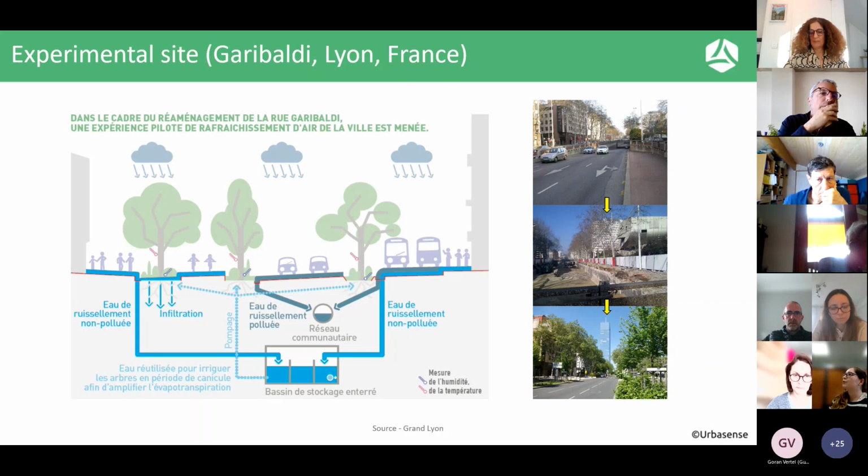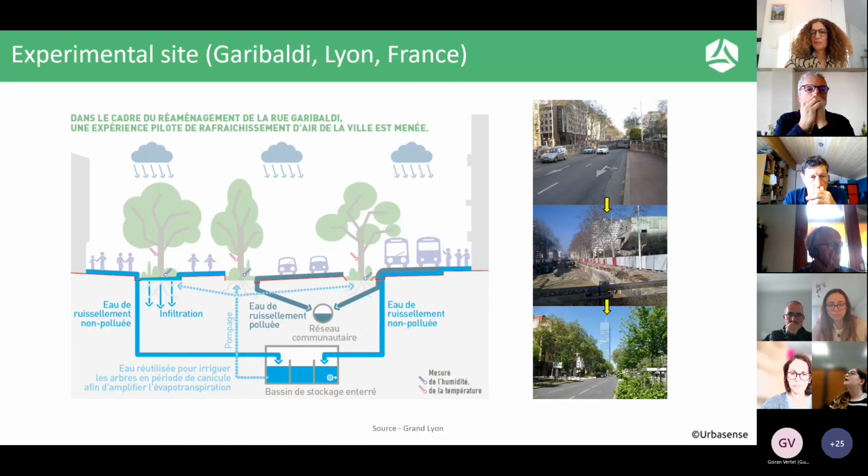So you keep the water from the street, and you can reuse it to water the trees that are planted on the street. You have 2 separate parts on this street: one part with irrigated, integrated watering systems, and one part with no irrigation. So we can compare the 2 parts.